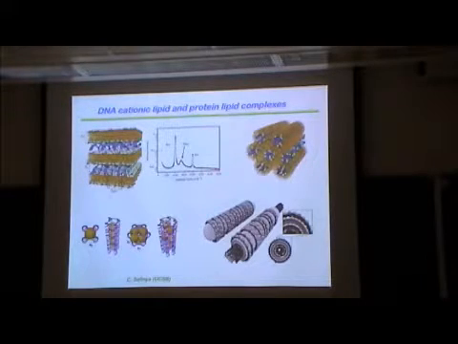You can go from lamellar to hexagonal phase, where the DNA chains are surrounded by lipids. Then all these structures are correlated with the ability of droplets of these various phases to transfect cells.